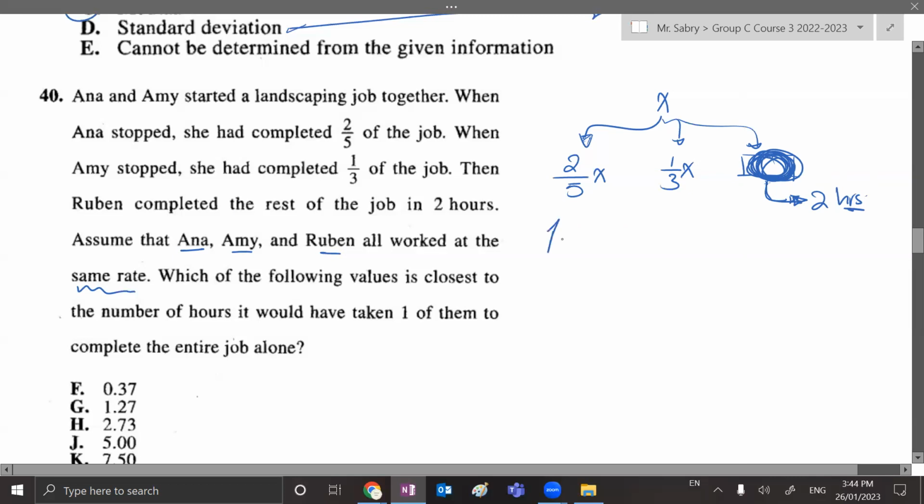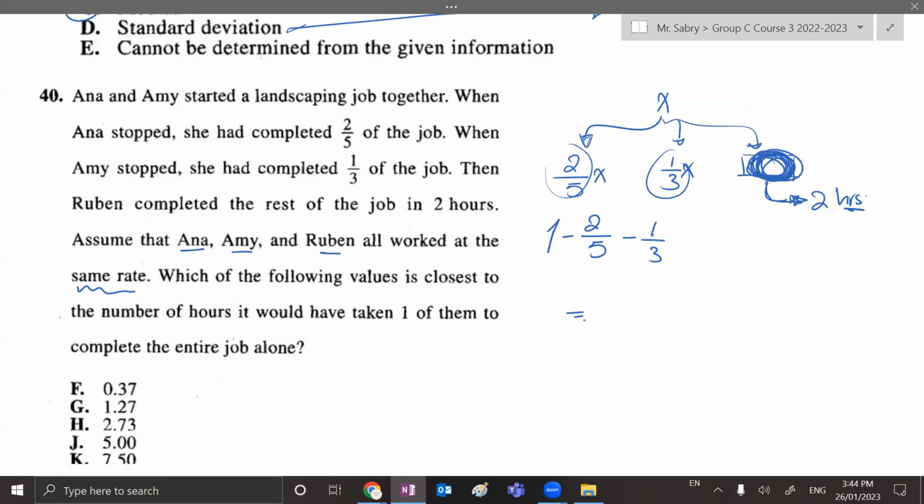So how would I know how much this is? I just need to do 1 minus the first fraction that was done, which is 2/5, and minus again the second fraction that was done, which is 1/3. On a calculator, just start subtracting right away: 1 minus 2/5 minus 1/3.